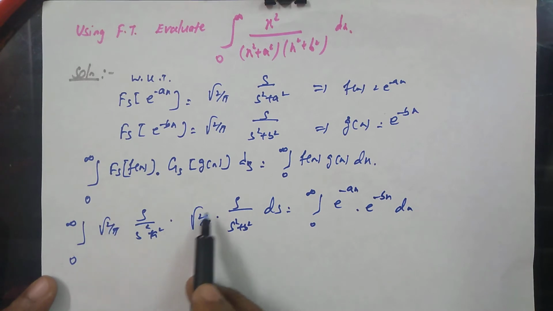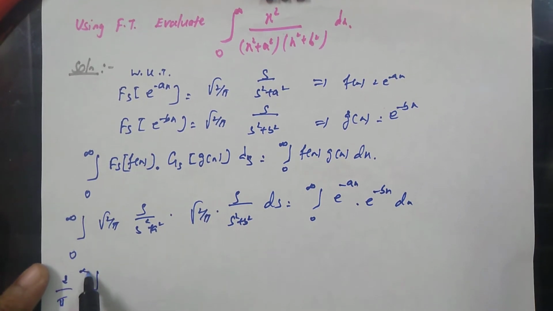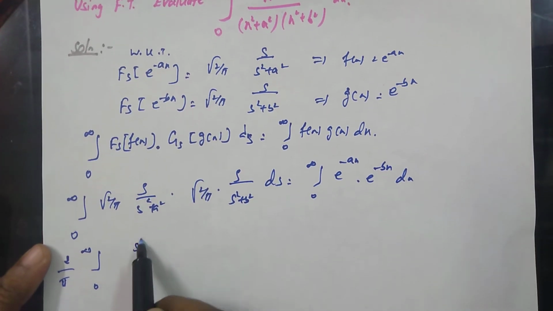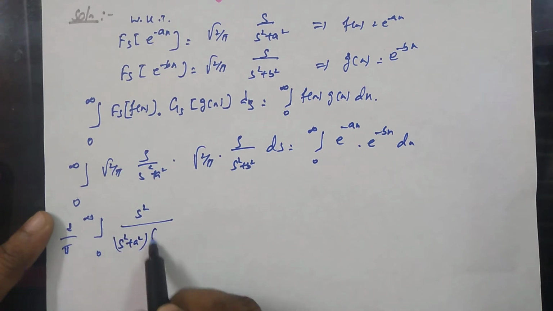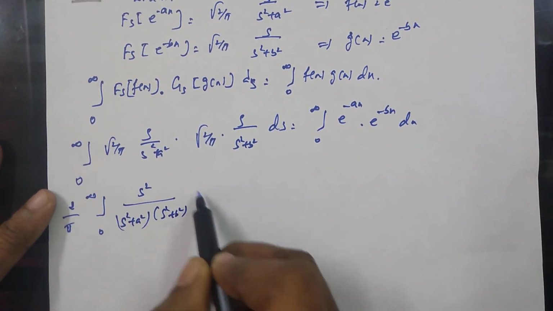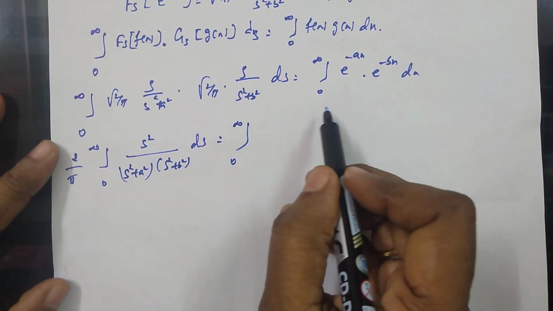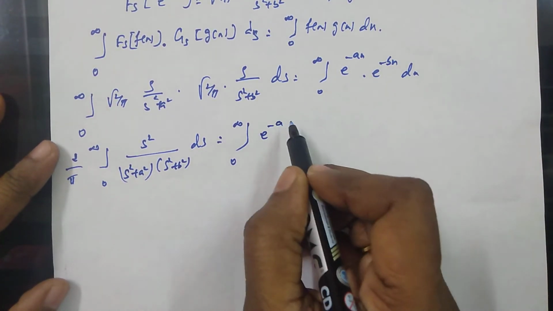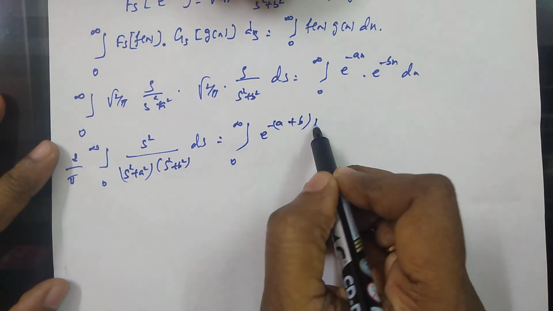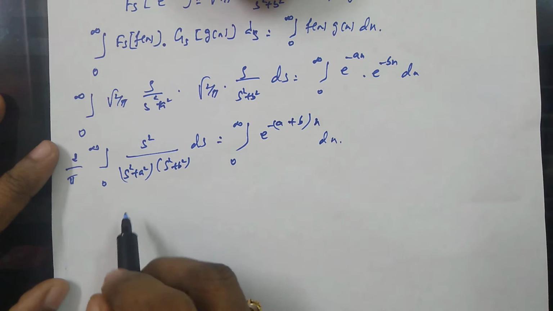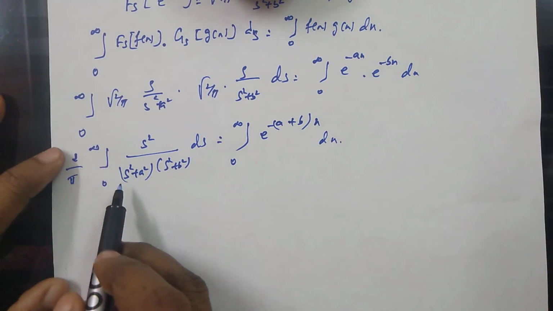Root of 2 by pi into root of 2 by pi is nothing but 2 by pi. So, 2 by pi integral 0 to infinity s square divided by (s square plus a square) into (s square plus b square) ds equals integral 0 to infinity. This can be written as e power minus (a plus b) x dx.